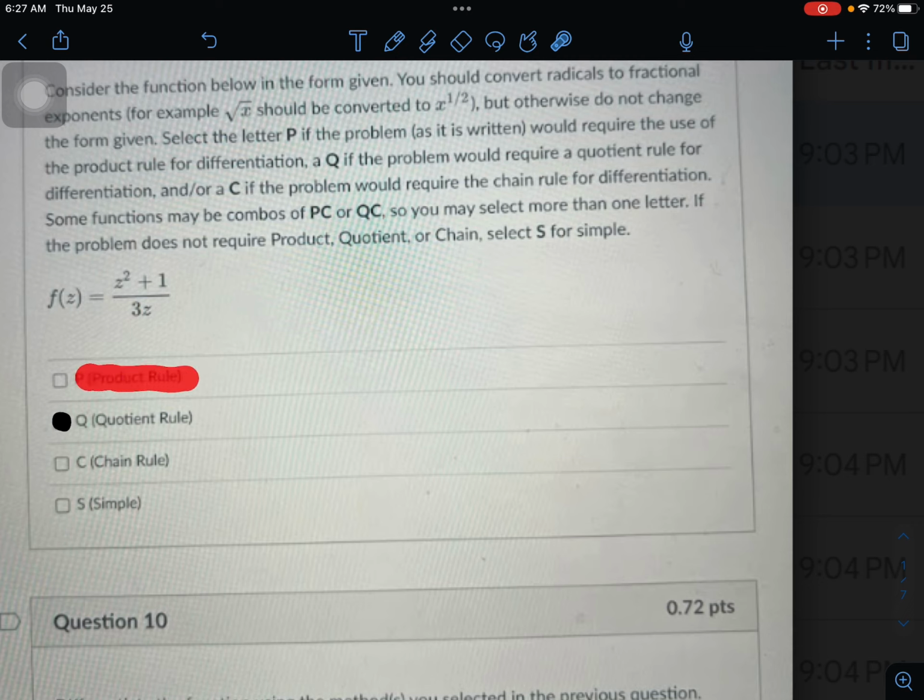And if you were to use the product rule on 3 times z, you would get the derivative of that. But the thing is, you don't have to use the product rule on this because there's another property. If I just have a number times a variable, I can just take the derivative. I mean, strictly speaking, yeah, you could use the product rule on it because it is a product.